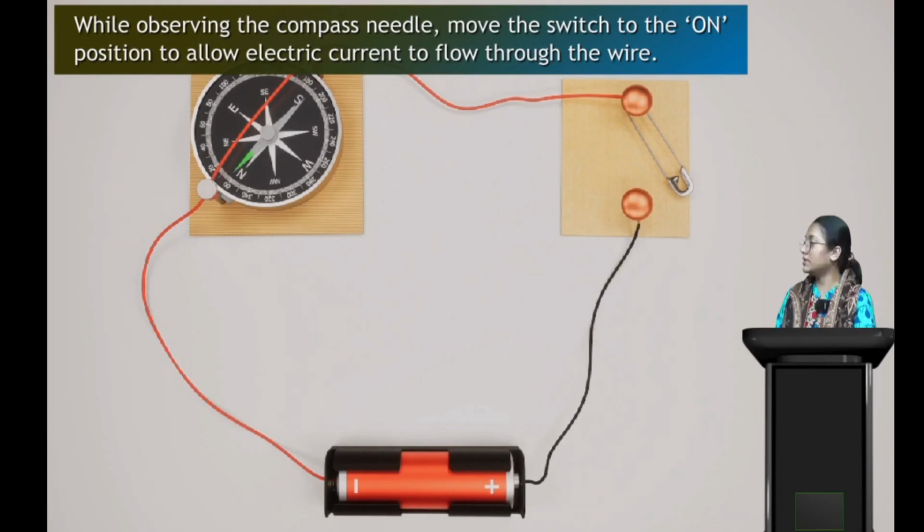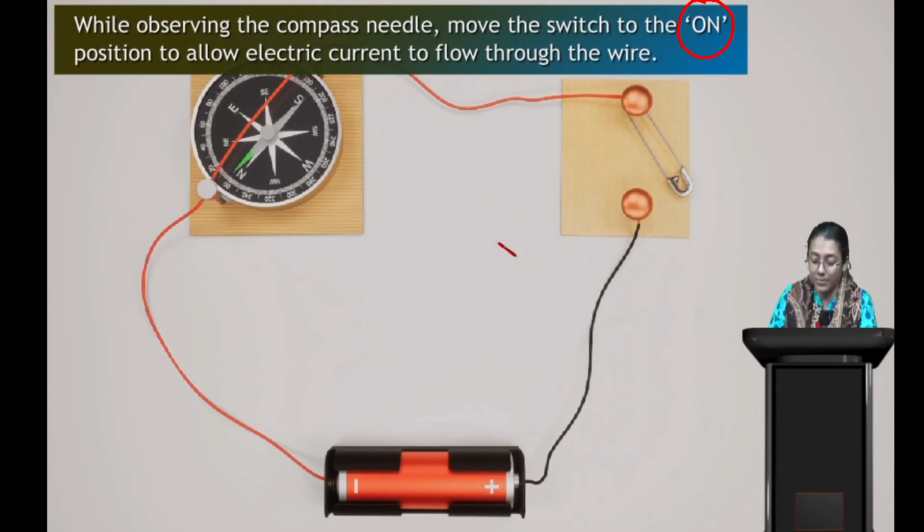Now, while observing the compass needle, move the switch to the on position to allow electric current to flow through the wire. See, now focus on the magnetic needle. What's its position? One side it's facing the north side and another side it's facing the south side, isn't it? Now, if we turn the switch into the on position, what will happen?